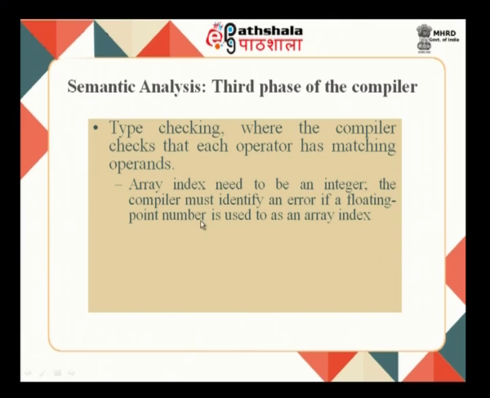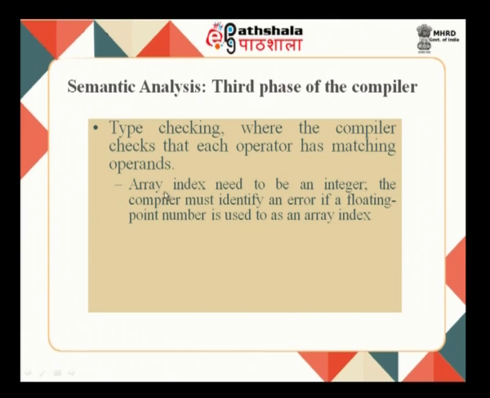On the other hand, if b is a floating point number and c is an integer, what type will I assign to a? That kind of type checking happens here, and it is up to your design, it is your compiler. You could make it an integer, or you can treat it as a floating point number, it is up to you. So that kind of type checking basically happens here.